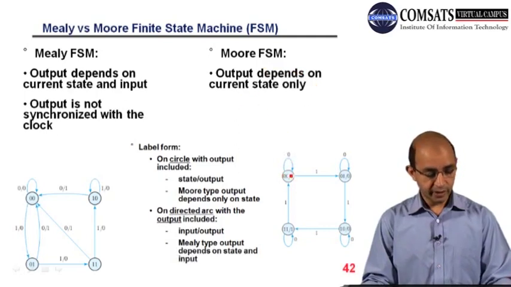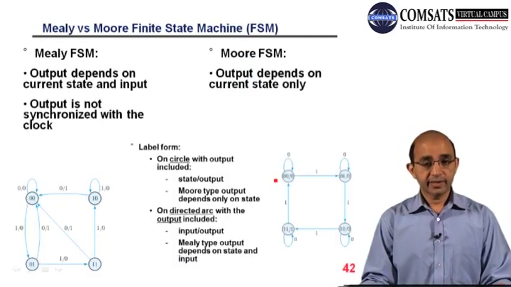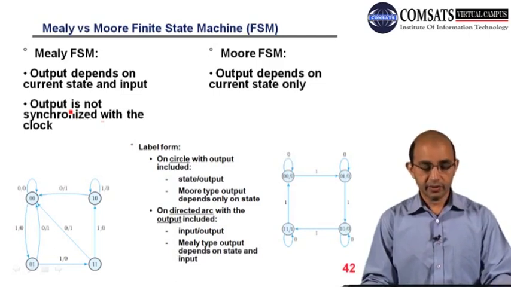So you can see that in the previous example, output is dependent only on the current state or present state. Another feature of the Moore machine is that output is not clocked. So we don't need any clock for the synchronization of the output. So this is not synchronous.